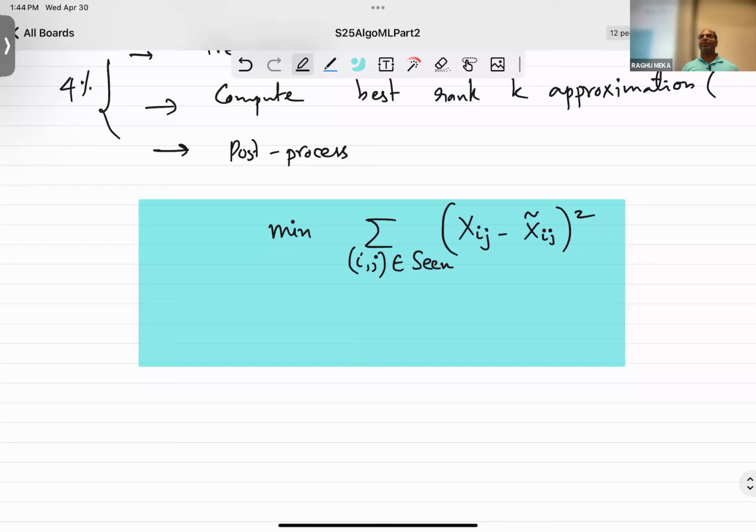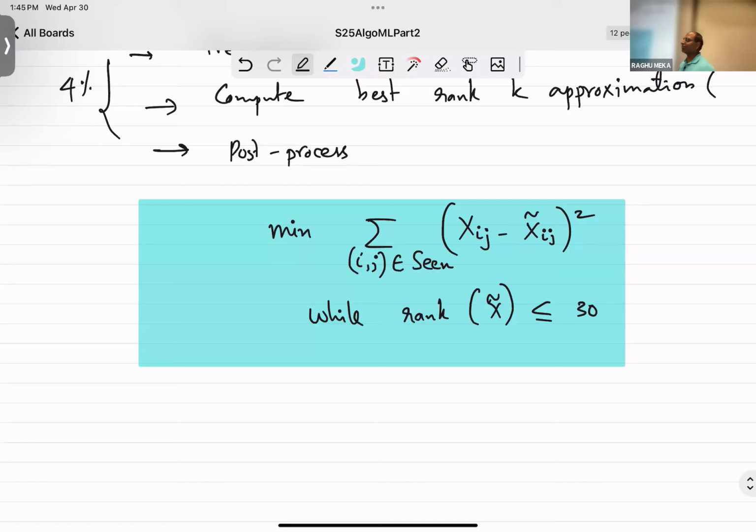If someone said, okay, here's a matrix, I'm giving you some entries, guess the remaining entries. My abstraction for that is to solve the following optimization problem, which is while, let's say, rank of X tilde is less than or equal to 30. Okay.